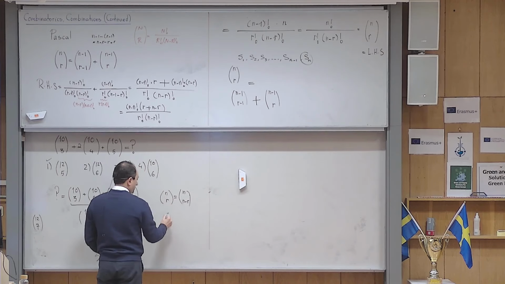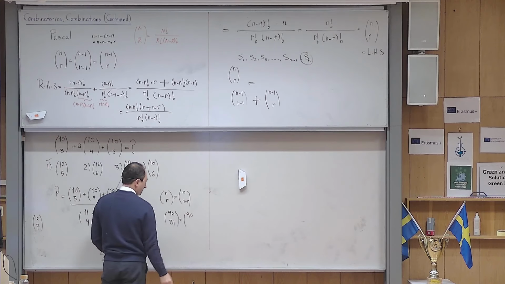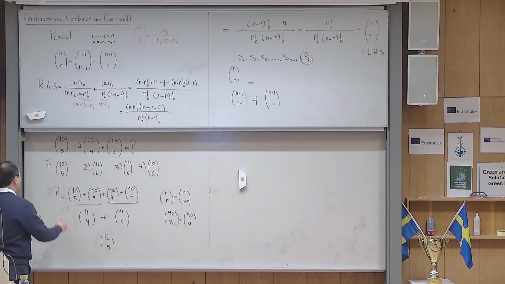So for example, if I have 90, 81, this is exactly equal to 90, which what? 9. As soon as these two numbers add up to the number on top, these are the same. Okay, but of course this was not that hard, so this is in the choices, so that I will choose this one. Yes, is that okay?